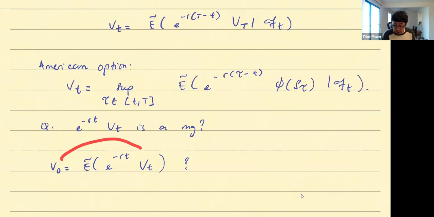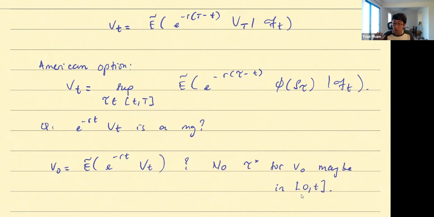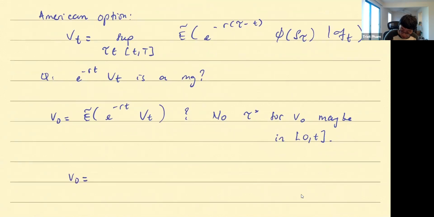Then by trading like this, at this time, the only option left for you to exercise is from time little t to time big T. So in other words, the answer here is no, because the optimal time, tau star for V0, may be in 0 to t. Or put it in a different way, V0 is the sup from 0 to t.